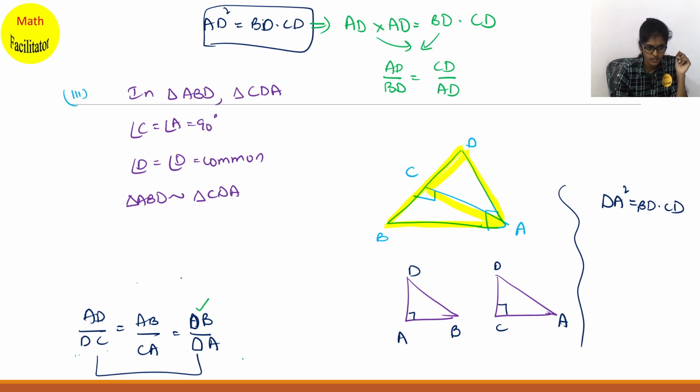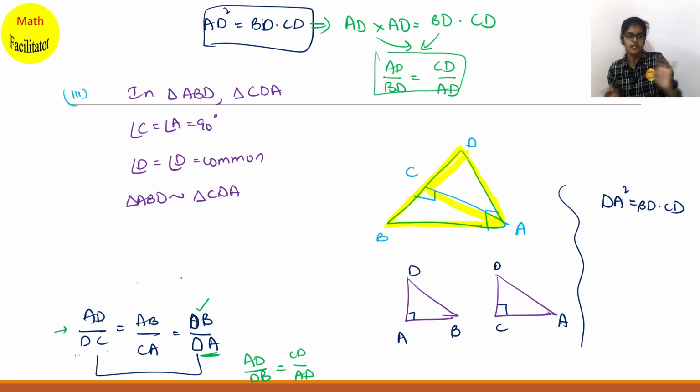If you take the reverse order, this is nothing but AD by DB, reciprocal, is equal to the reciprocal of this also, CD by AD. Now if you cross multiply, you'll get the same answer. So instead of drawing the triangles and getting confused, from the question itself you will get this statement. Directly you can say that these two triangles are similar and write this statement. Cross multiply and you will get this again.